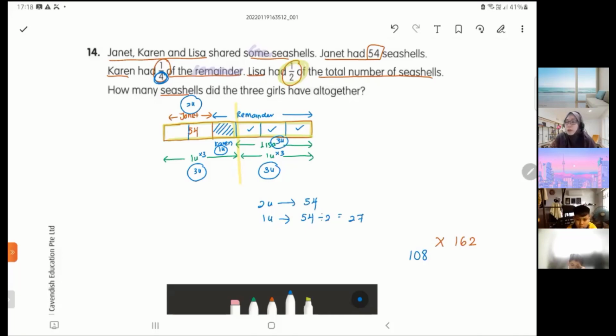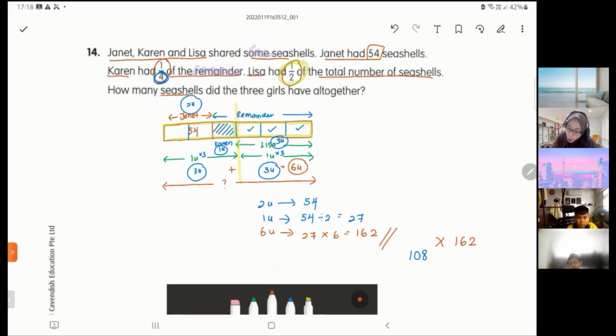Yes or no? I don't want my 1 unit. I want all together. I want everything. Everything is how many units? 3 plus 3 equals to, I want to find my 6 units. Okay, so 6 units will be 27 times 6 equals to 162.